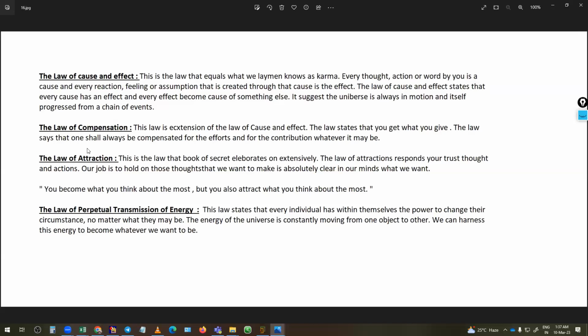For the invisible hidden energy of the universe, it means that the energy of the universe is constantly moving from one object or individual into another. We can harness this energy to manifest and create whatever it is that we want.